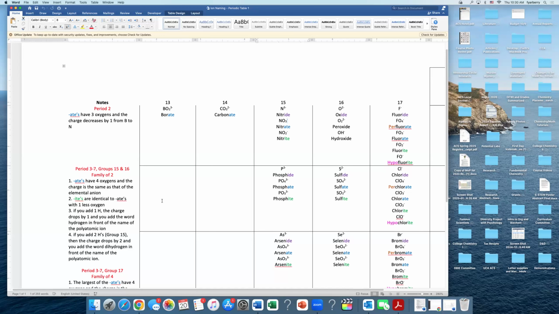So there's one polyatomic ion that I haven't given you, MnO4-. Because it has 4 oxygens and a -1 charge, it's going to get that prefix per too. And then the smallest of the family of 4 gets the hypo.